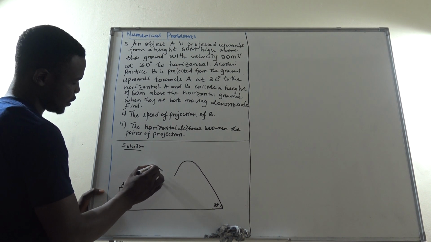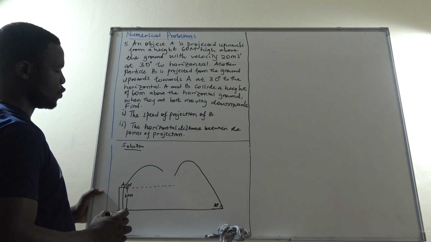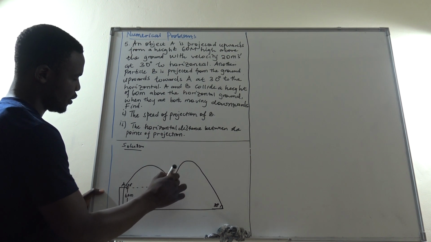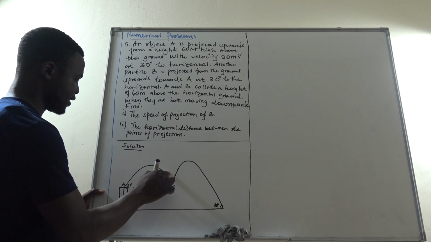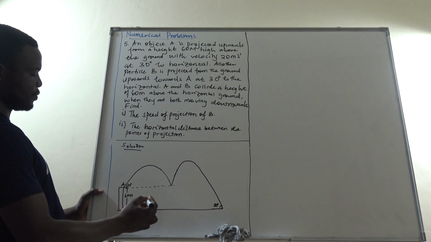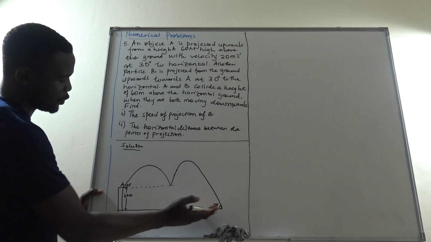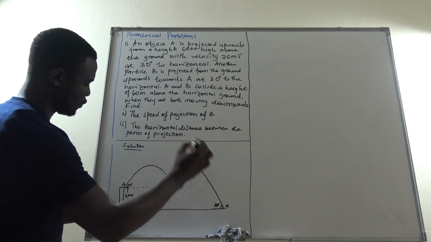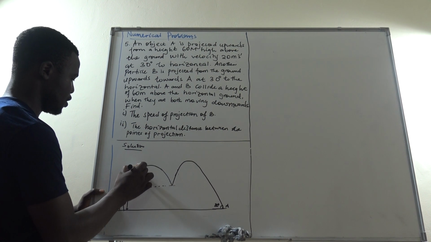We expect these particles to move upwards and then finally come downwards. But they said that these particles collide at a point that is exactly 60 meters above the horizontal ground. So this has been the position of particle A, and this is B.